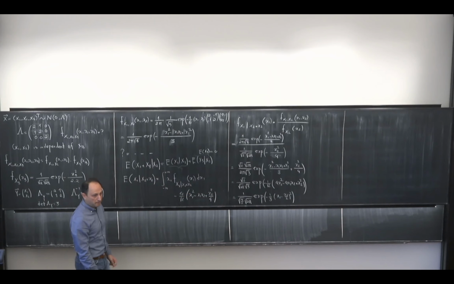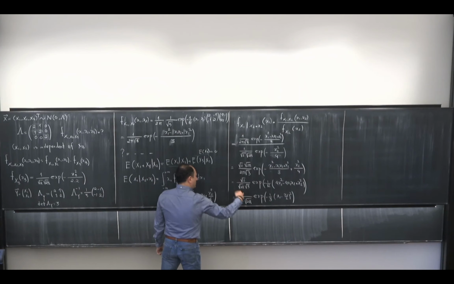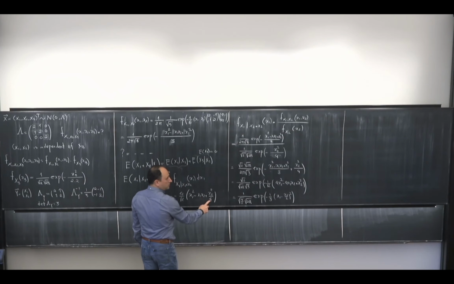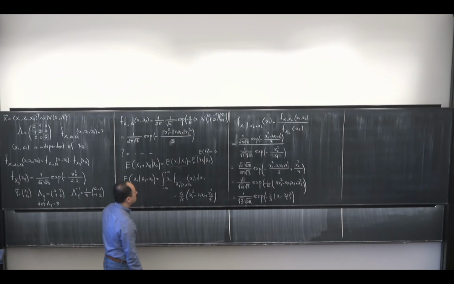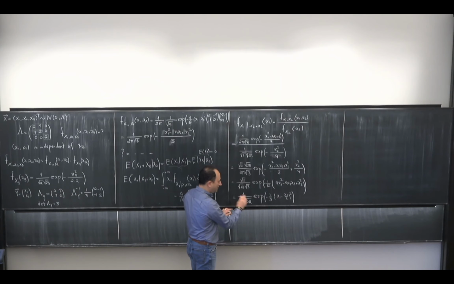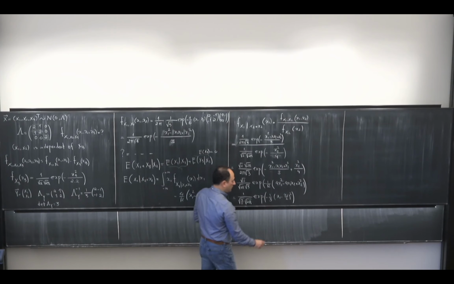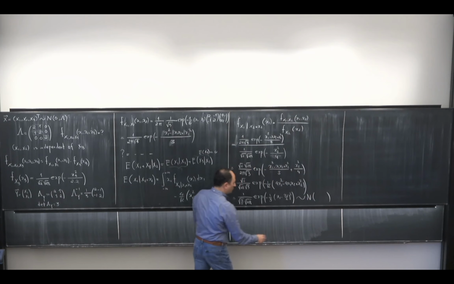The first one squared, 2 times the first one times the second one, and the second one squared. That's correct. So now I was able to calculate this expression. What kind of distribution is this? Definitely it is a normal distribution, but can you tell me what kind of normal?